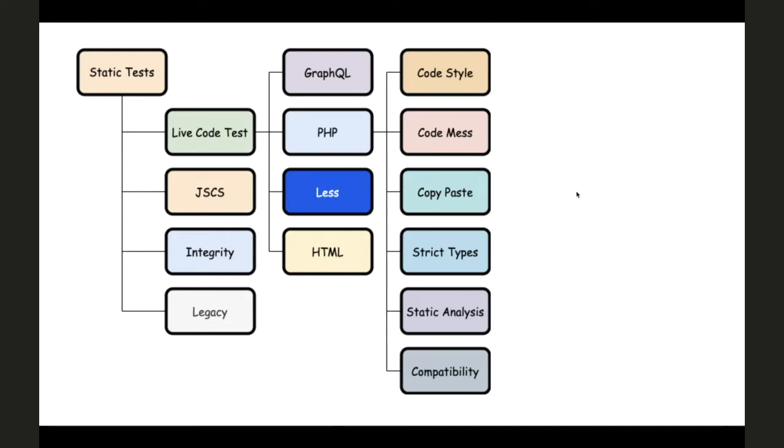If we look at compatibility, strict types, and copy paste, it's pretty easy to see how they work. But for code style, code mess, and static analysis, it becomes more interesting. In this case, by static analysis, I mean testing the code with a static analyzer. Because actually it's all about static analysis. And let's start with the code style check.